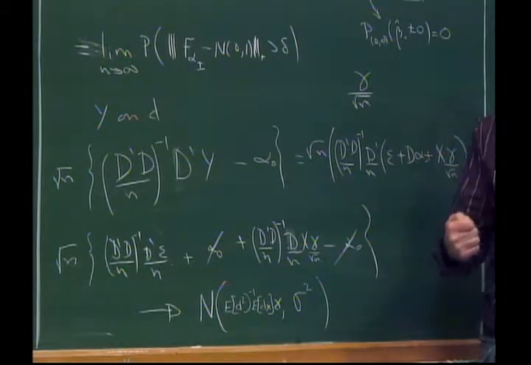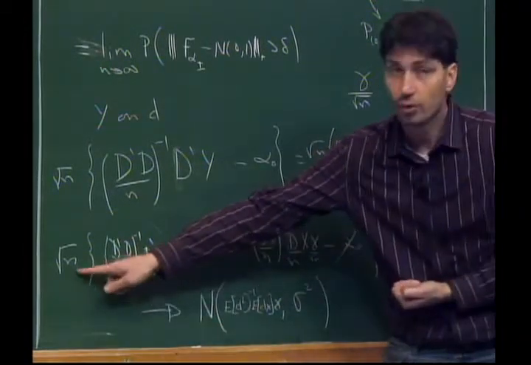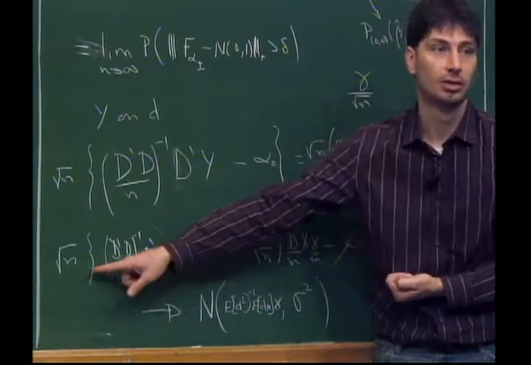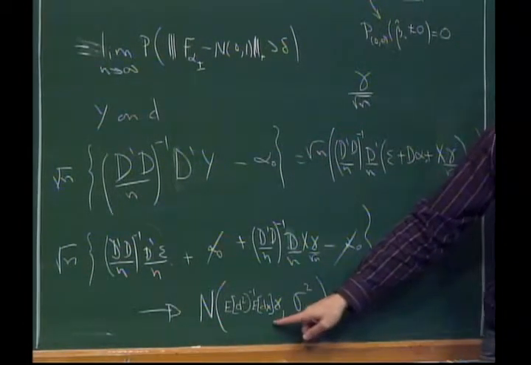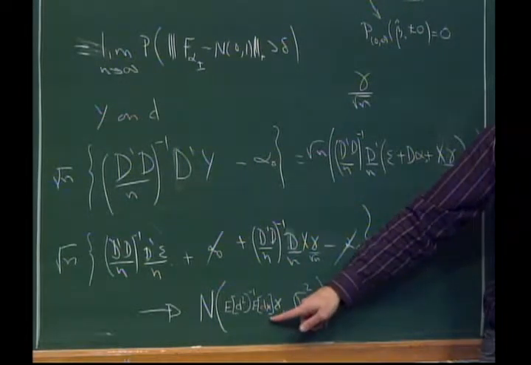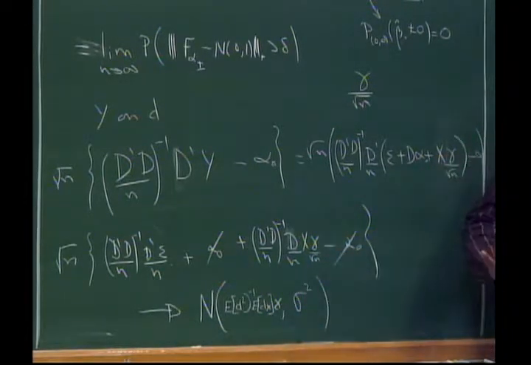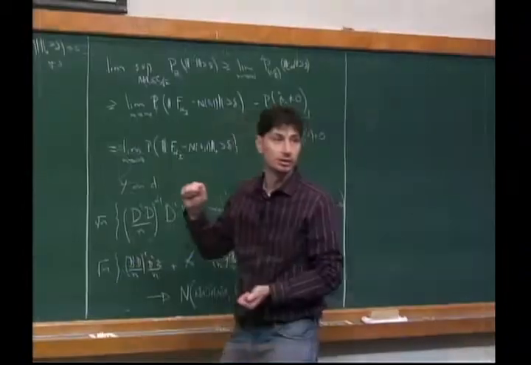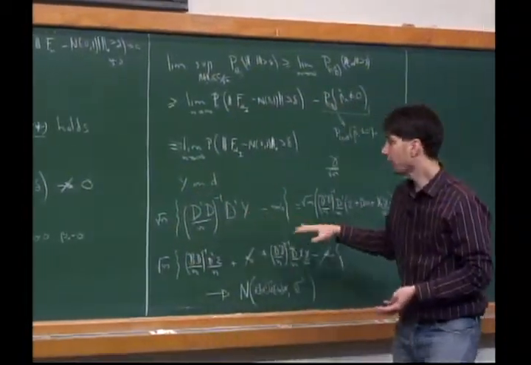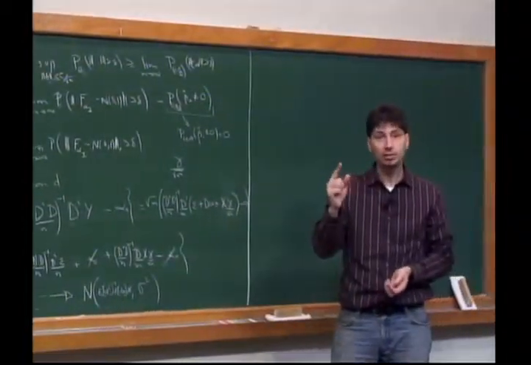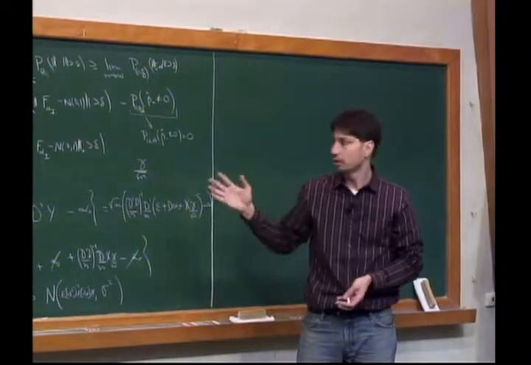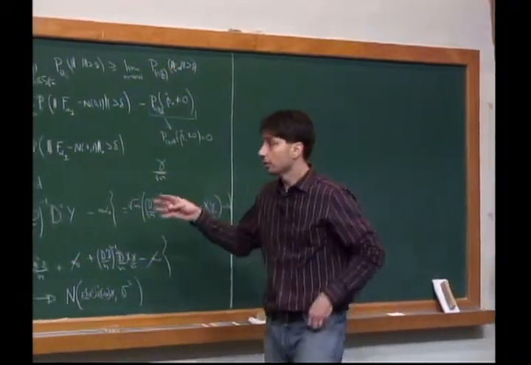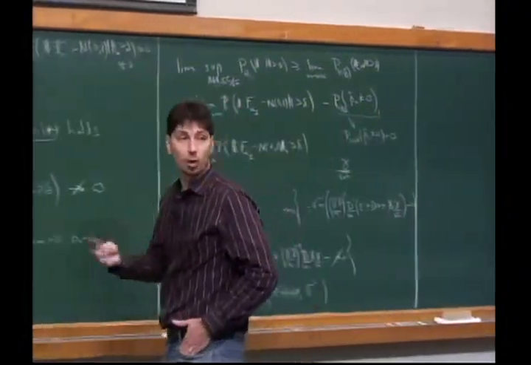Because you build a confidence interval with a square root n that hits it, the square root n cancels, and you get a non-vanishing bias. That non-vanishing bias will destroy your coverage completely. And that's the negative result, essentially. And this holds for the case that you are deciding to add or not add a single variable. There is no reason to believe that this is not going to hold for more complicated models.